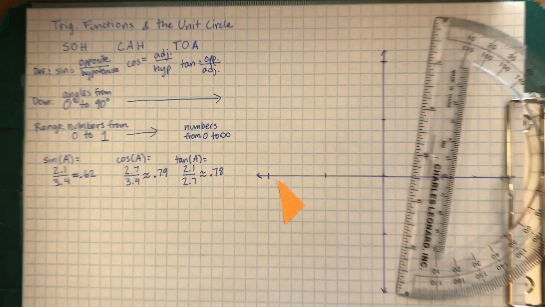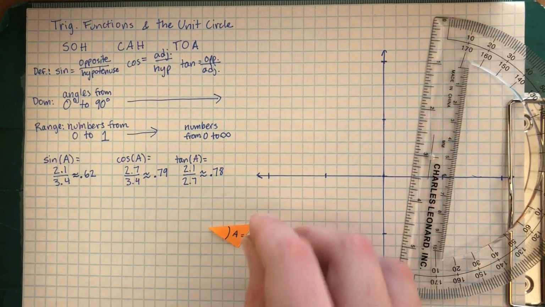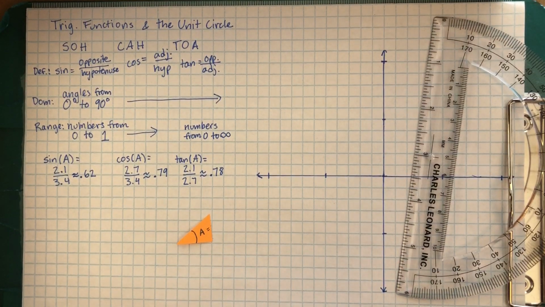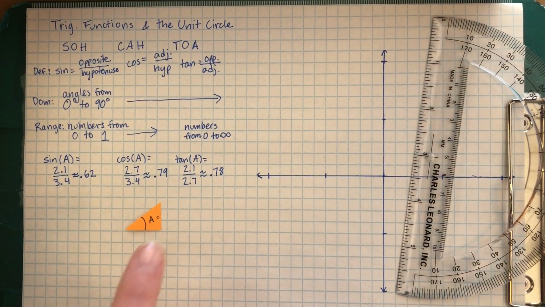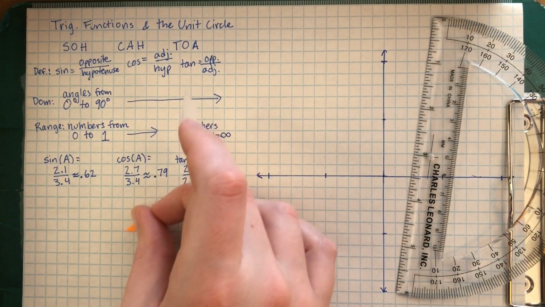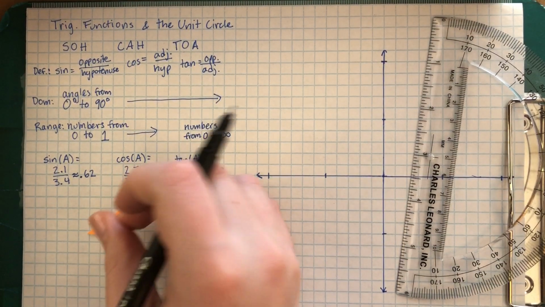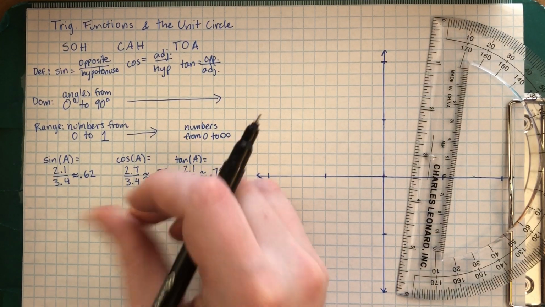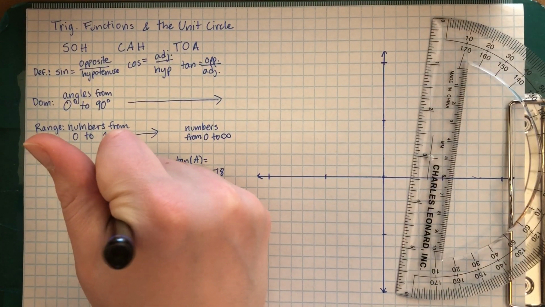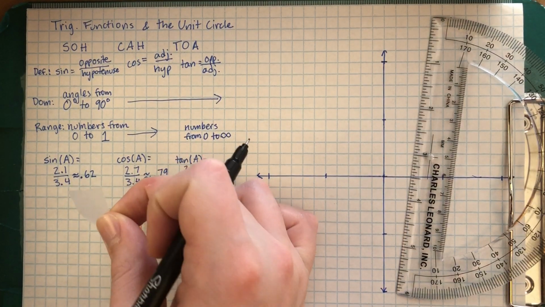Okay. So now I have a new right triangle with the same angles that I started with, but all the side lengths are smaller. We know that the length of the hypotenuse is 1 inch. I'm actually going to take this down.